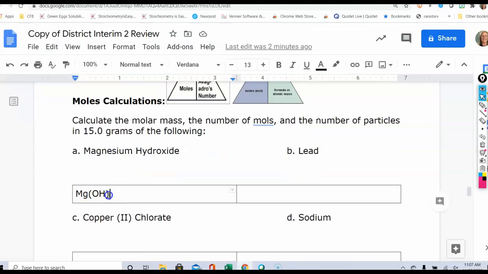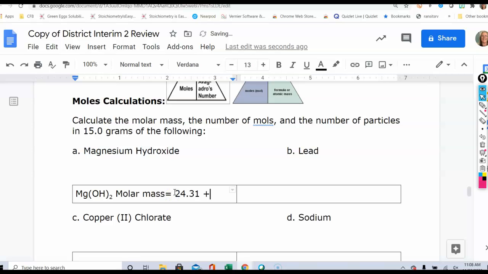Okay, so what I'm doing right now is I am writing in the correct formula for magnesium hydroxide after I crisscross the charges. And the next thing I'm going to do is calculate the molar mass. And to do that, add up all of the parts. So magnesium has a mass of 24.31.